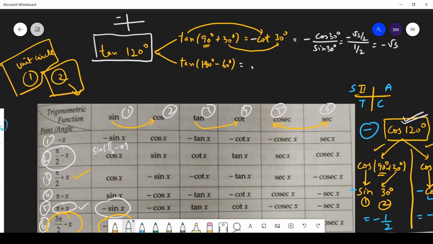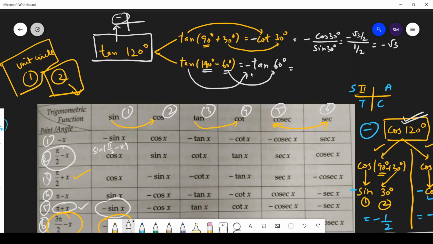Now let us find out this way also. Here we have 180 degrees, so this tan will remain the same, with the angle 60 degree. Tan 120 is negative, so it doesn't matter which way you follow, tan will remain negative in the second quadrant.